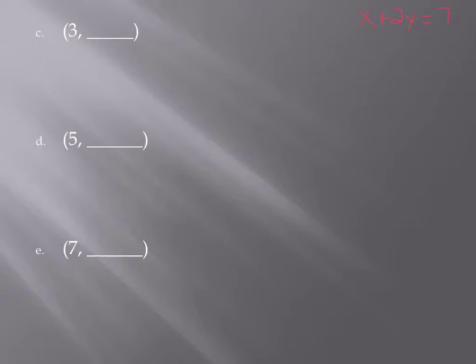Okay, on C, our x value is 3, so this would be 3 plus 2y equals 7, subtract 3, so that gives me 2y equals 4, divide by 2, so y equals 2.